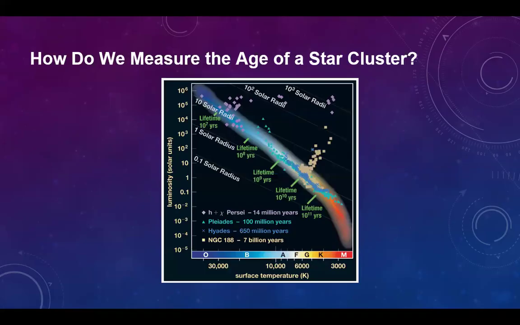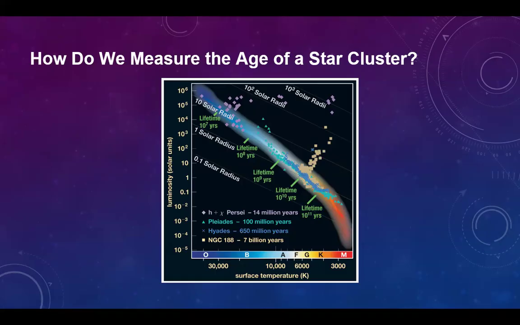And how do we measure the age of a star cluster? Well, with our understanding of how stars are born from clouds of gas and dust, what's likely to occur is that some whole area got dense enough to start collapsing, and it fragmented into pieces, and each piece became a star.